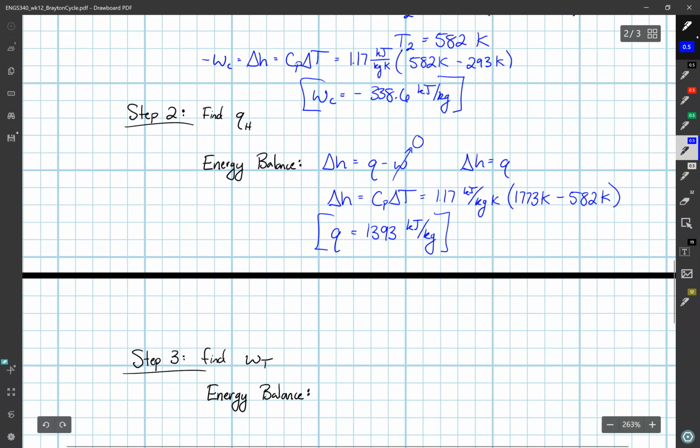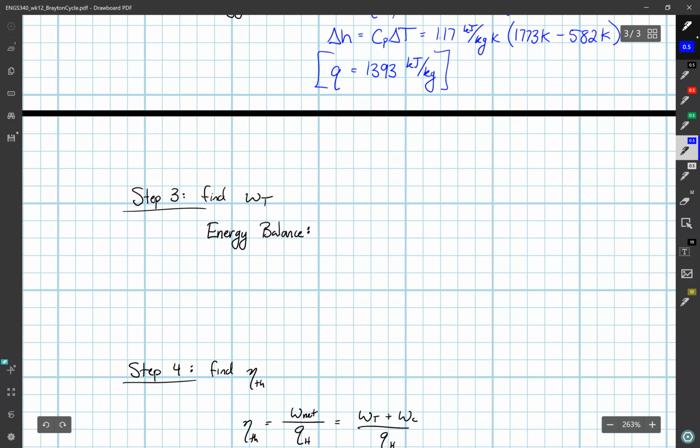Our last step is to find the work across the turbine. We already know our temperatures across the turbine because we calculated that in part A. Our energy balance is the same energy balance. Delta H equals Q minus W. Q equals 0.